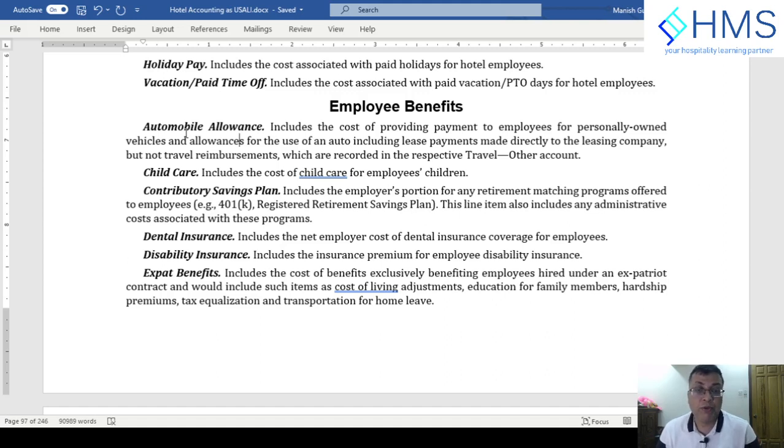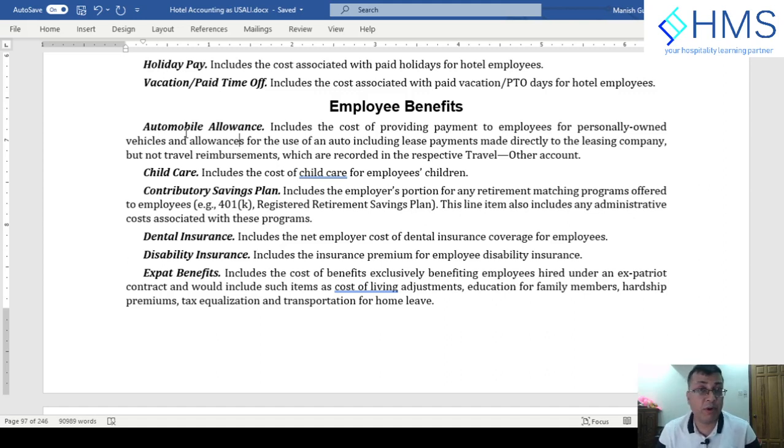Then you usually have a child care cost. If the hotel is providing child care facilities for the employees' kids, the cost will go here. Then you have savings plans, like contributory retirement savings plans. If these are not mandatory, it usually depends on the company policy.